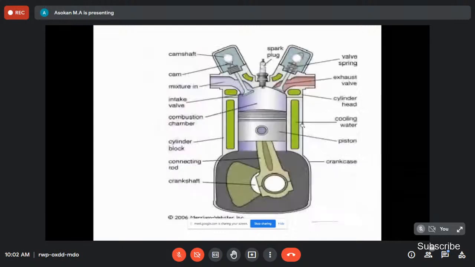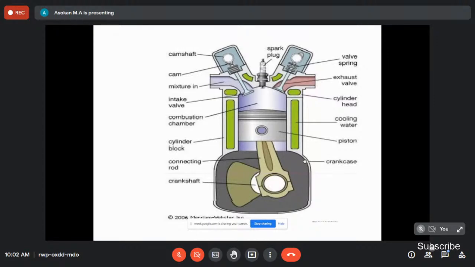Now these are the important components of the IC engine. We split the IC engine into three major parts: the cylinder head, the cylinder block, and the crankcase. The cylinder head and the cylinder block are connected with bolts and nuts.